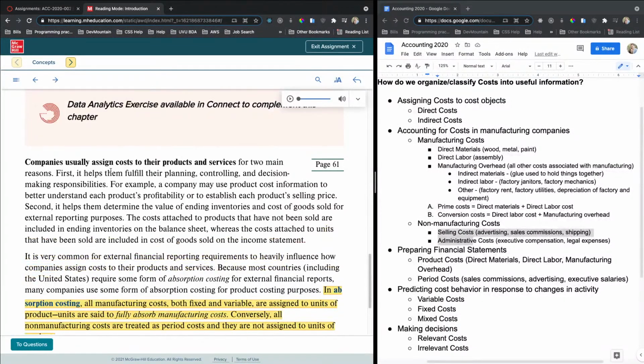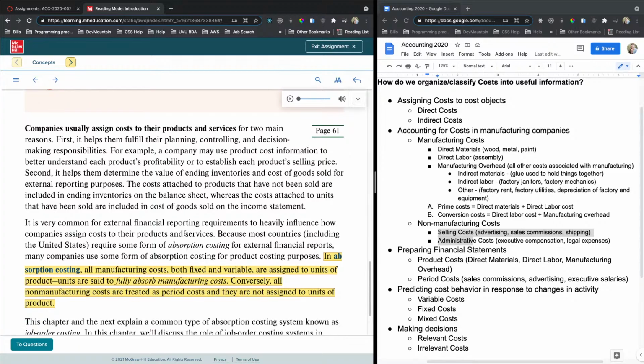All right, let me read this again. Absorption costing, to me, sounds like we're making a term and combining all these things to make a unit, like, this is 1 unit.